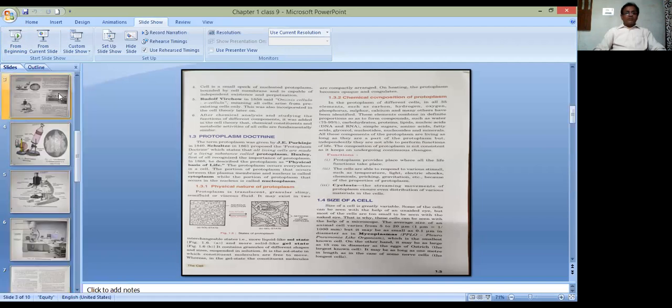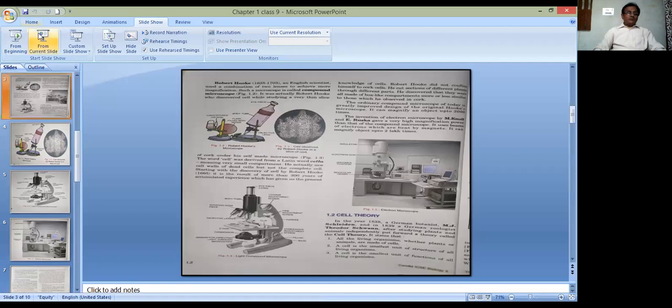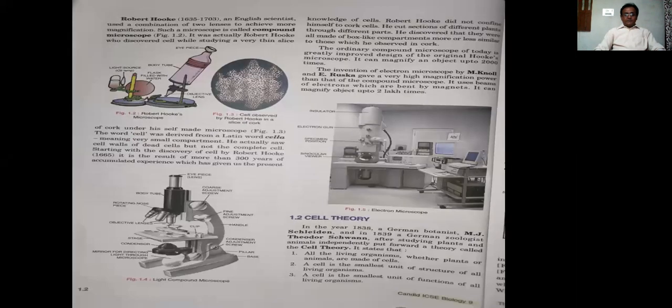Schleiden, Schwann, and Virchow explain that all living organisms, whether plants or animals, are made of cells.